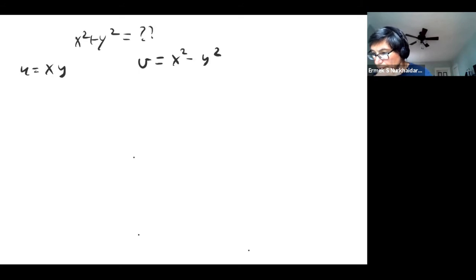So we want to get x squared and y squared. So that's the reason we're going to try to square u. So u squared is going to be x squared y squared. Then we try to get something going with v equals x squared minus y squared. We squared u, so why not just square v to see what's going to happen?